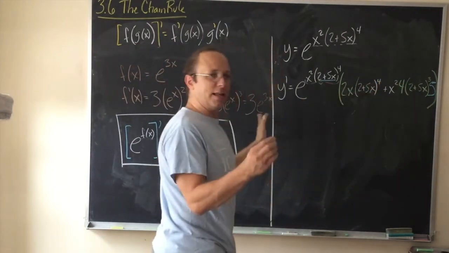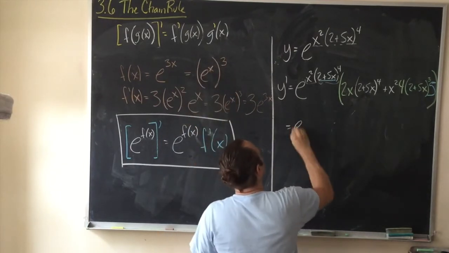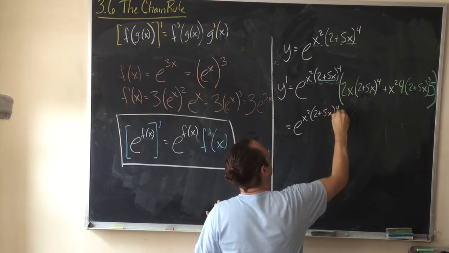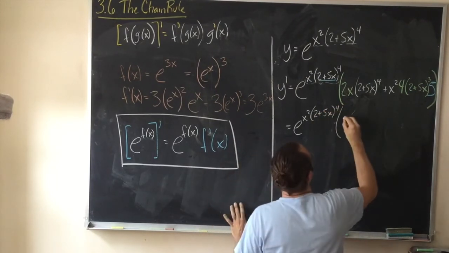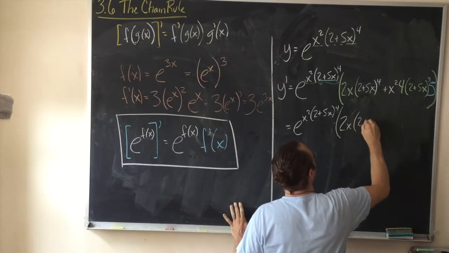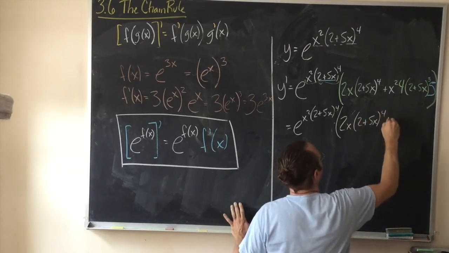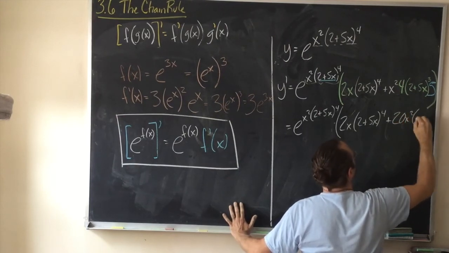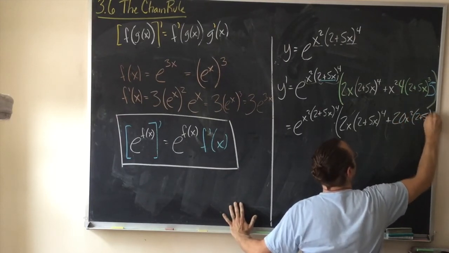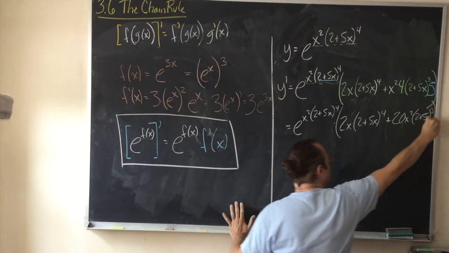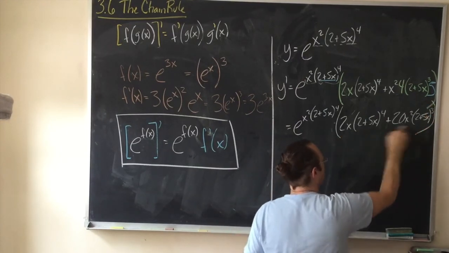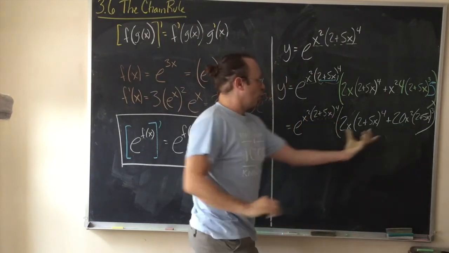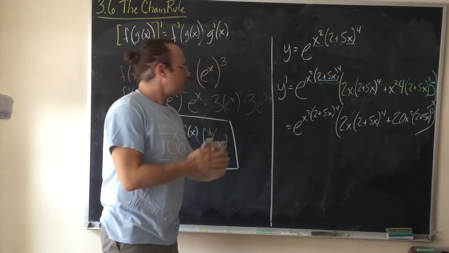If, however, you really like to simplify things, e to the x squared times 2 plus 5x to the 4th power times 2x times 2 plus 5x to the 4th plus, that's 4, that's 20x squared, 2 plus 5x cubed. And of course, this whole shebang is the chain rule derivative of this guy. So this whole guy gets multiplied by that.